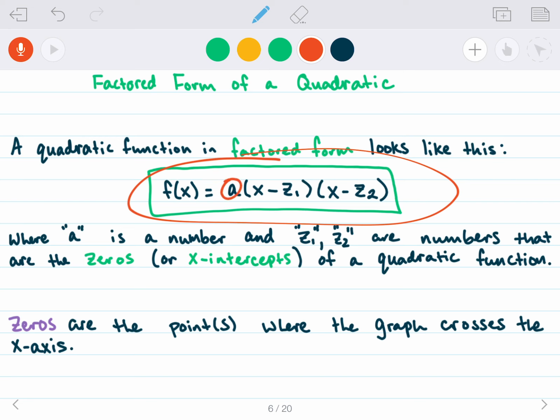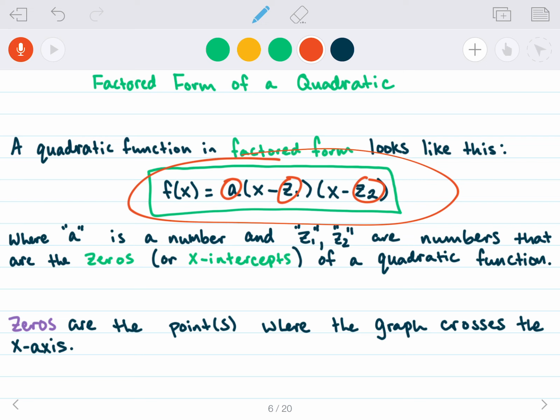We have a, z1, and z2, which are going to be numbers. Now, a is also going to tell us if it concaves up or down, but that's not really what we use factored form for. But a is the same a as in standard form. What is really cool about factored form is it's going to tell us where the graph crosses the x-axis. And this is going to have some physical implications.